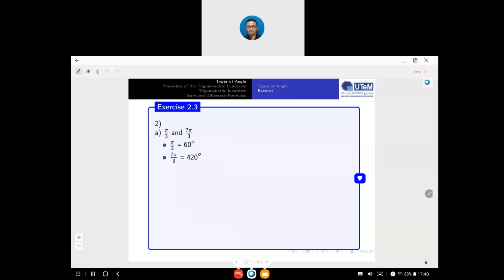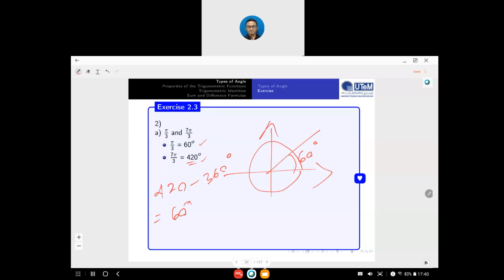So now we want to draw and see whether the terminal side of 60 degree and 420 degree is equal or not. You just draw 90 degree here. This one is more than 360, so it will make one full rotation like that. We want to see where it stops. 420 minus 360, you will get 60. It means the rest is 60, so it also stops at 60.